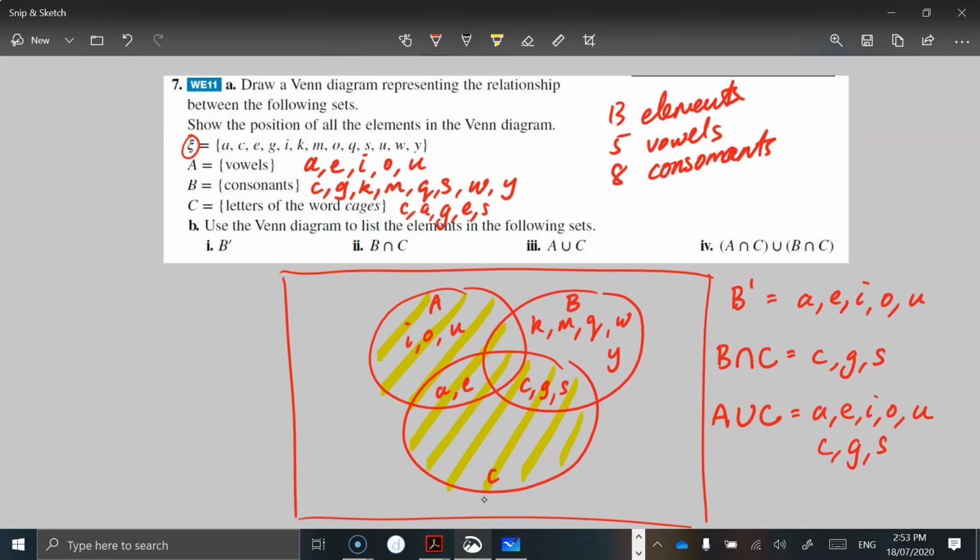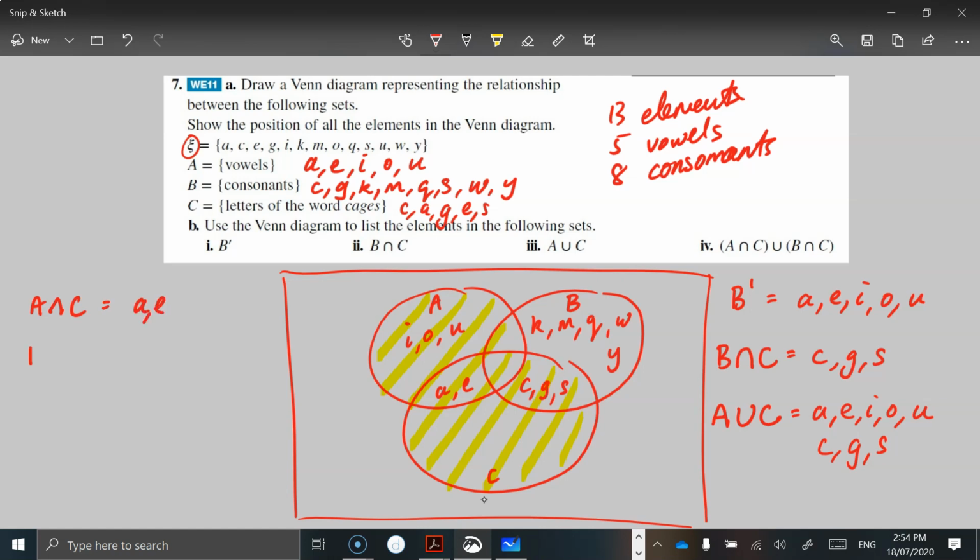And then the last thing is, what is the union of the intersection of these two and the intersection of those two? So let's have a look at this. The intersection of A and C is A and E, okay?